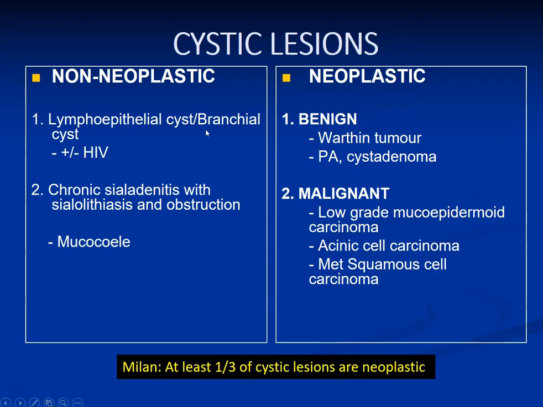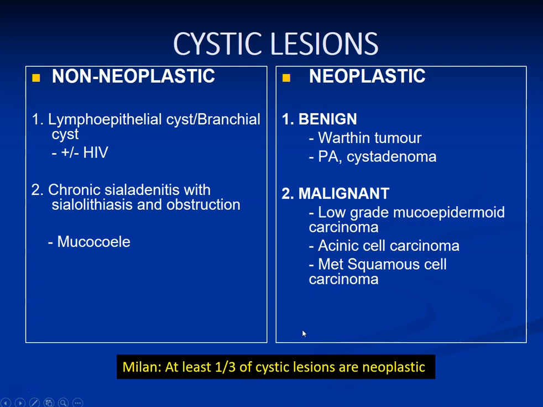For cystic lesions, there is a range of differential diagnosis, which includes nonneoplastic conditions like lymphoepithelial cysts, chronic sialadenitis with obstruction, which can give rise to mucoceles or mucus retention, neoplastic conditions, including benign entities, especially Warthin tumor, and malignancies, especially low-grade mucoepidermoid carcinoma.